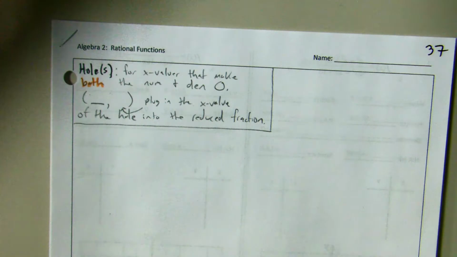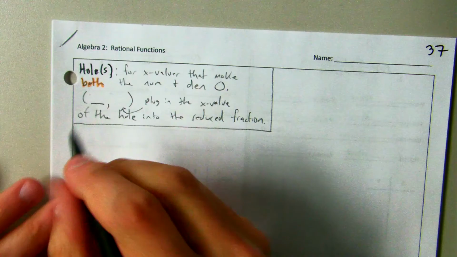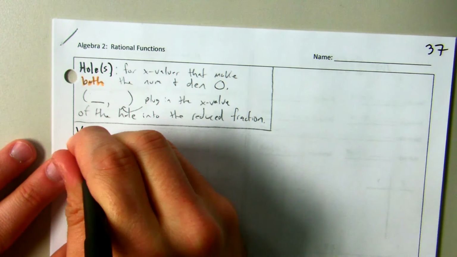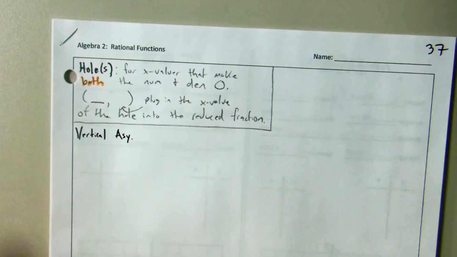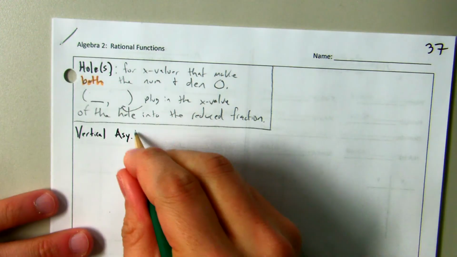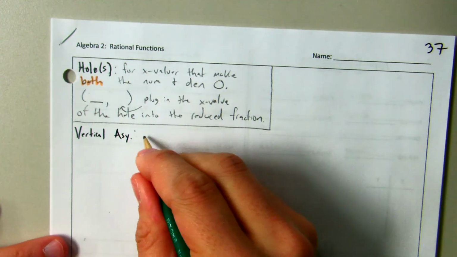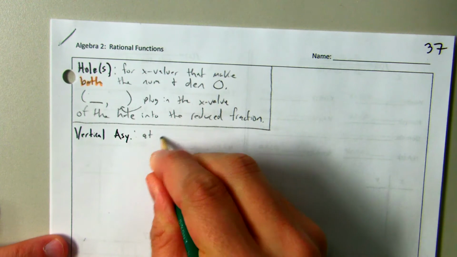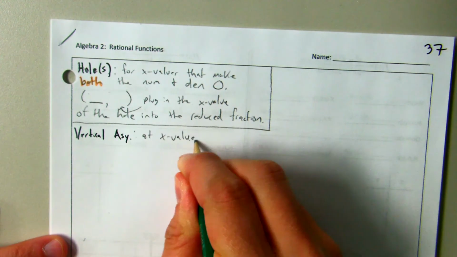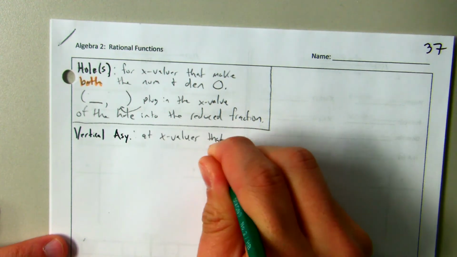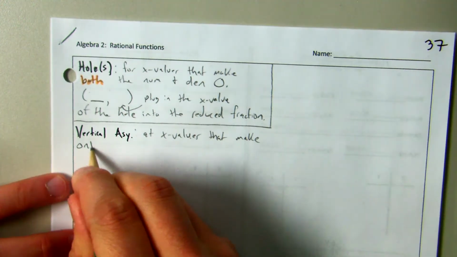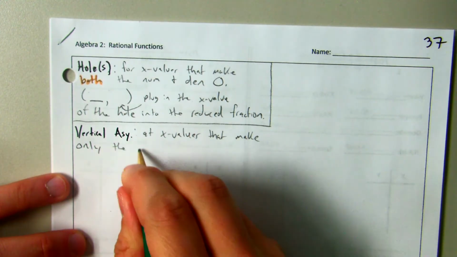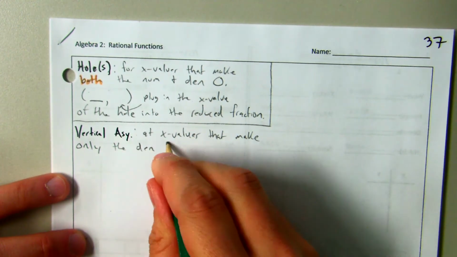And we talked about vertical asymptotes last time. And these occur at x values that make only the denominator 0.